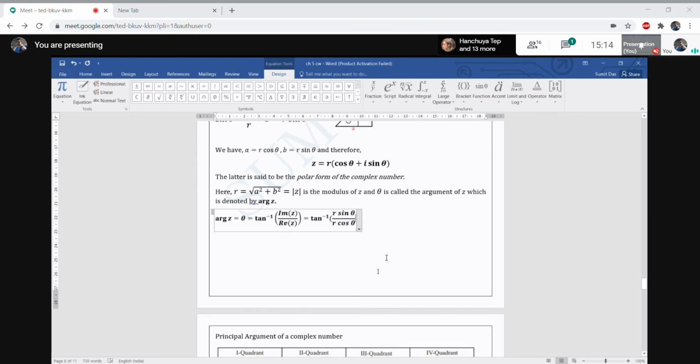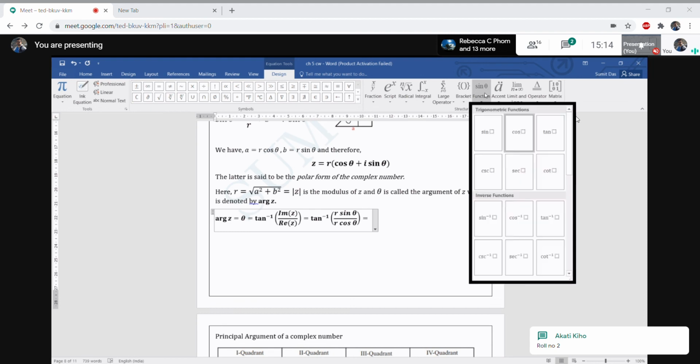If you simplify this, r sine theta by r cos theta, r cancels, sine theta by cos theta will be tan theta.